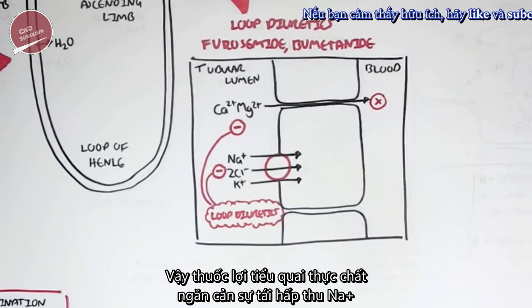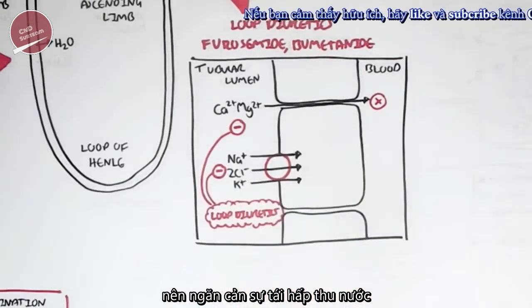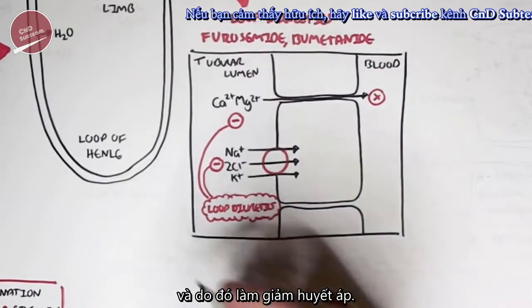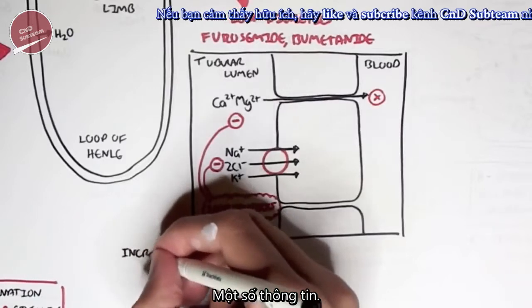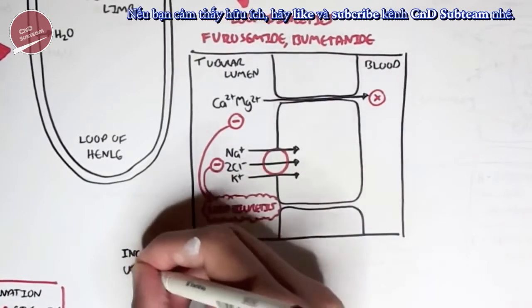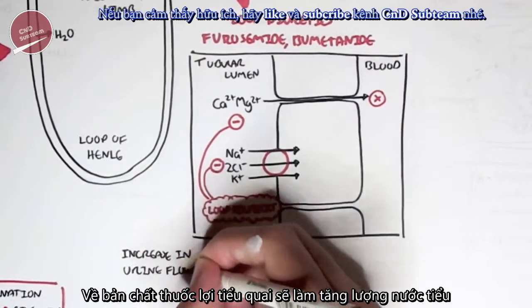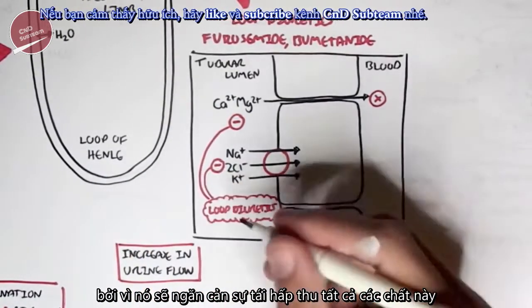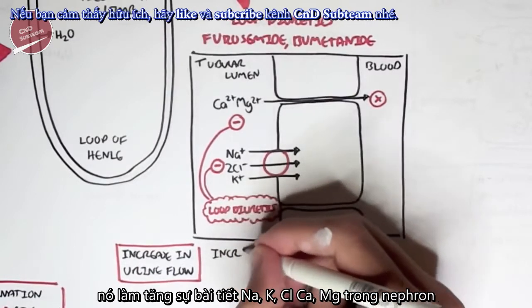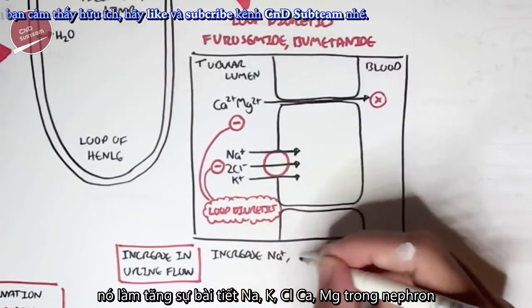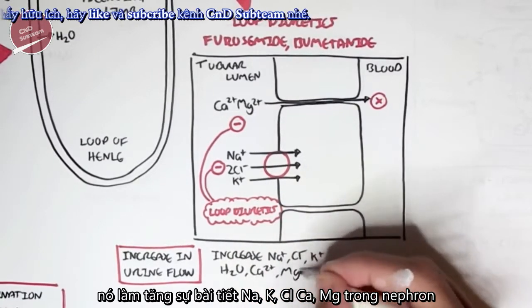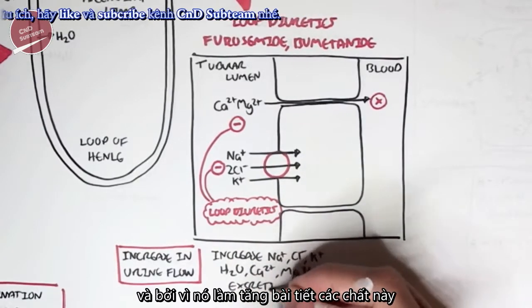So loop diuretics essentially prevent the reabsorption of sodium, which therefore prevents the reabsorption of water, which therefore will decrease blood pressure. Some information: loop diuretics essentially increase urine flow because they prevent the reabsorption of all these things. They increase sodium, chloride, potassium, water, calcium, and magnesium excretion in the nephron.